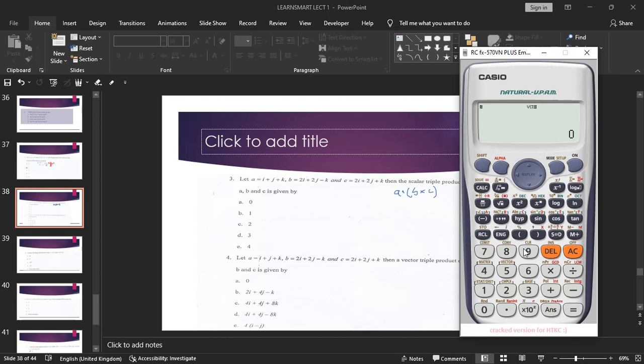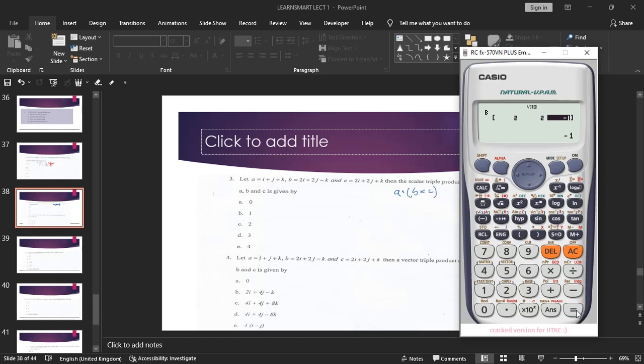Let's insert our vectors A, B and C. We clear everything out, then click on mode 8, that's our vector. Then you insert vector 1, so our vector A is 1, 1, 1. Then let's insert vector B: you choose it again, and you have 2, positive 2, and minus 1.